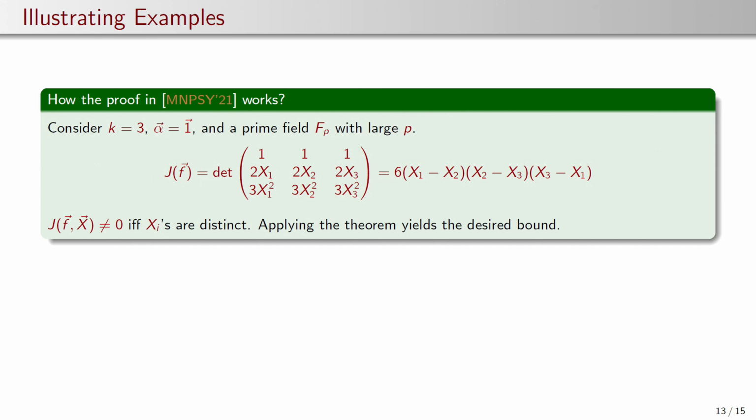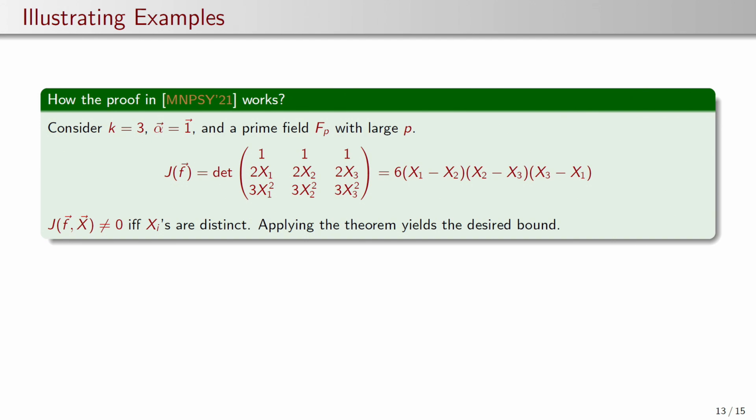First, let me give a quick overview of how the proof in MNPS 21 works. Consider a very simple example, and we compute the Jacobian determinant, and it equals 6 times the pairwise differences between the variables.